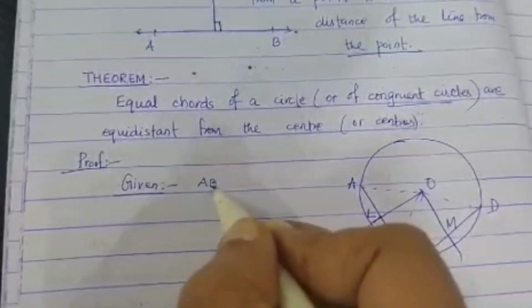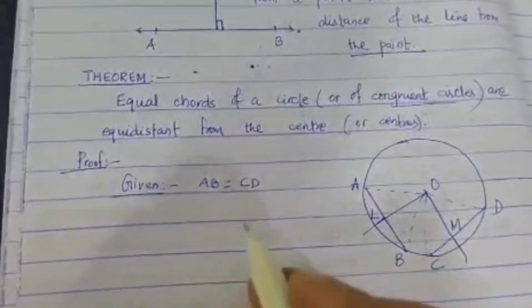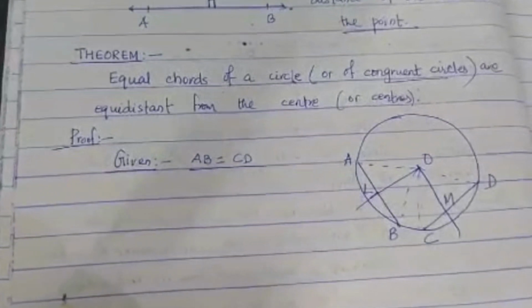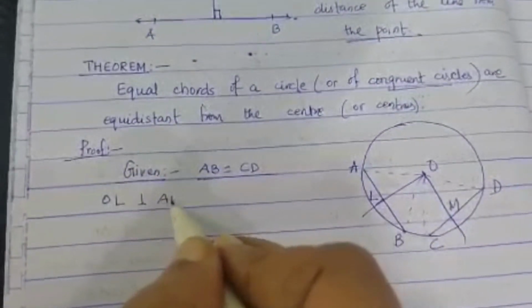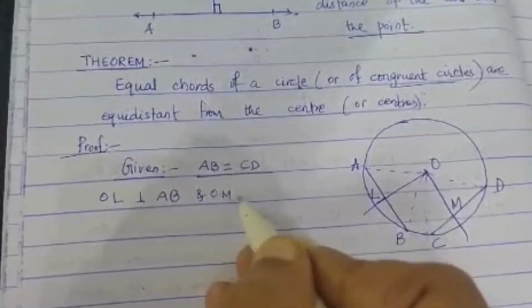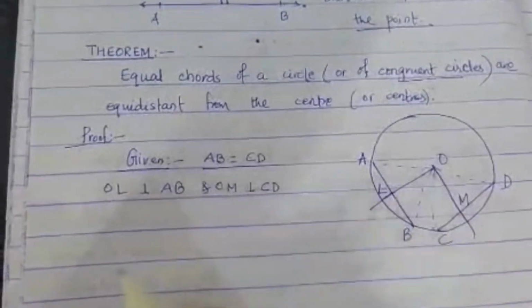So basically let us write it AB equal to CD. The chords are equal. This is the main thing we have been given. Also OL perpendicular to AB and OM perpendicular to CD.